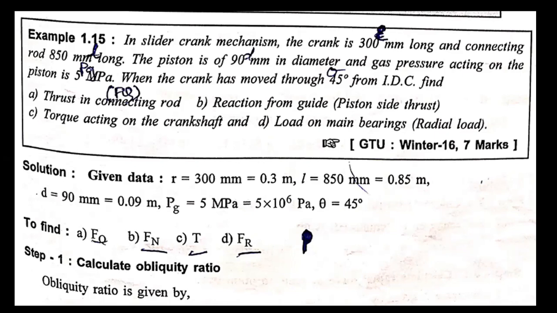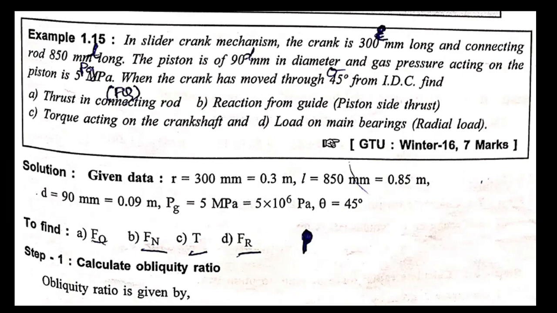So we have the given data: the radius of crank is 300 mm, that means 0.3 meter. The length of the connecting rod is 850 mm, that is 0.85 meter. The diameter is 90 mm, which converted into meter is 0.09 meter.